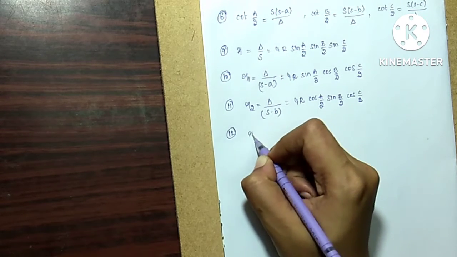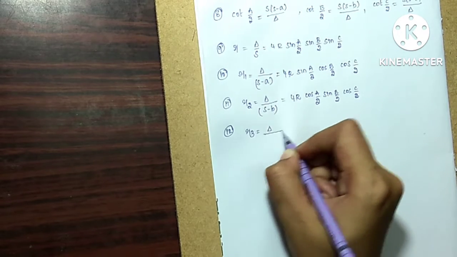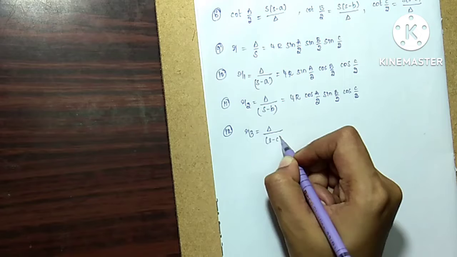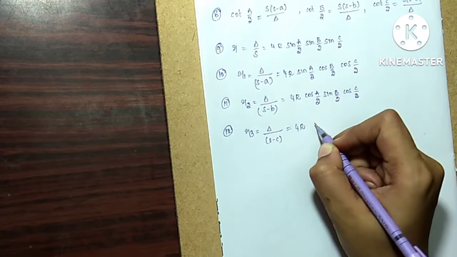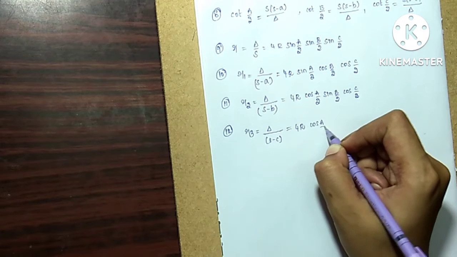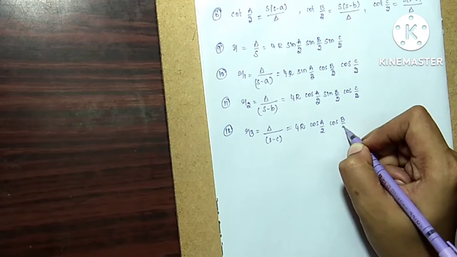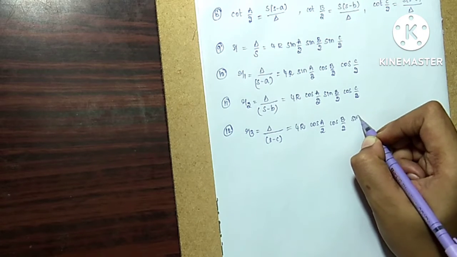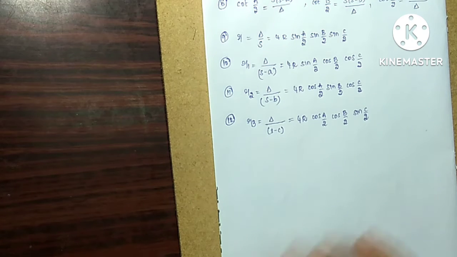Now we have to tell the formula of r3. Come on, everybody has to speak. Delta by s minus c equals 4R cos A by 2, cos B by 2, and we change the C form. Very good, sine C by 2. That's it, our formula. Very easy.